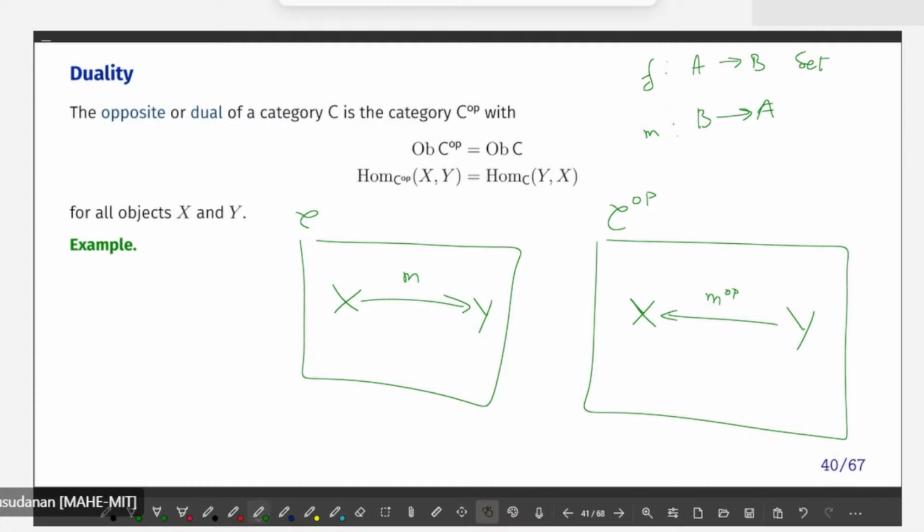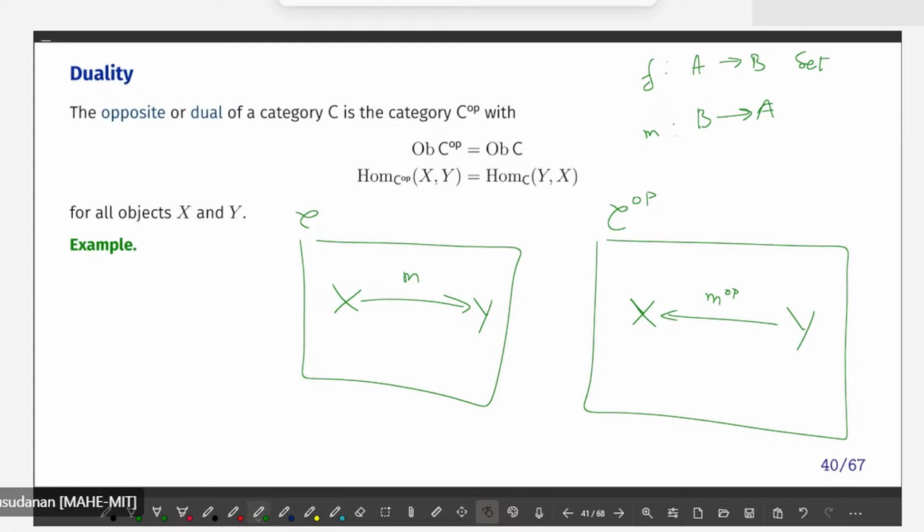But can you give any meaning to this? What is really a function? Ordered pairs. A function is just a set of ordered pairs satisfying a particular condition. I can consider the ordered pairs in the opposite direction, in the reverse direction. So it is a relation. So this will be a relation satisfying the other property. Function means left total, right unique relation.